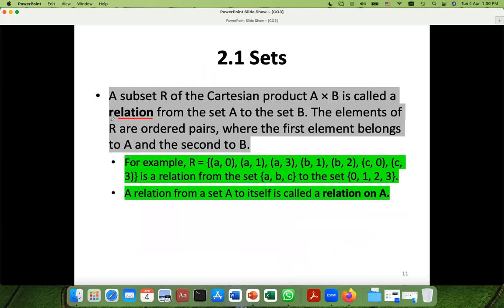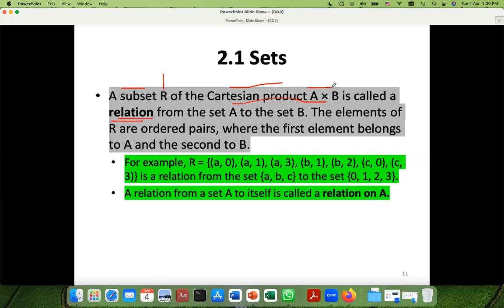What is a relation? Now, we know the definition of a subset, and we also know the definition of the Cartesian product. If you know them, then you can understand what a relation is. A subset, maybe we can say it R, of a Cartesian product A cross B. We have two sets A and B, and we have calculated their Cartesian product.